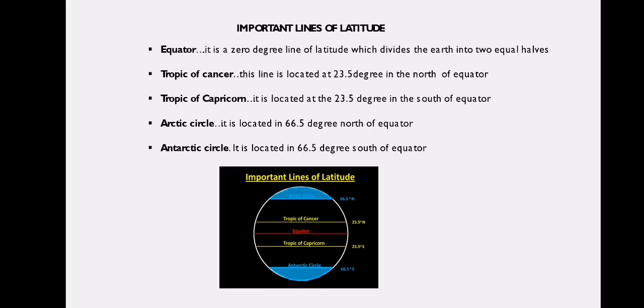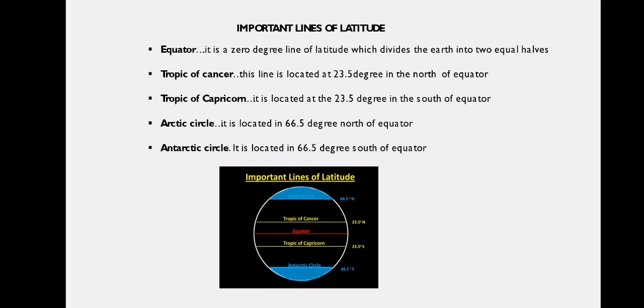There are a total of 90 degrees of latitude north of the equator. Same goes for the southern hemisphere. From the equator, we have 90 degrees of latitude in the southern hemisphere. So there are a total of 180 degrees or 180 important lines of latitude on the globe.